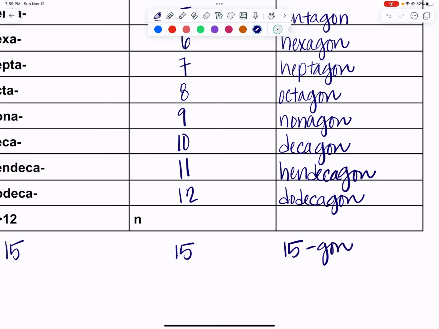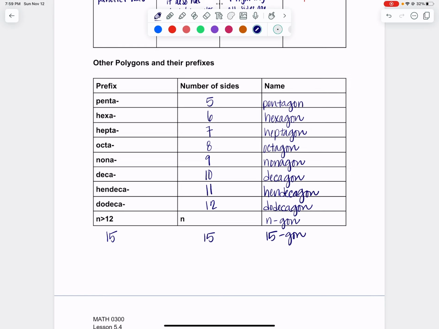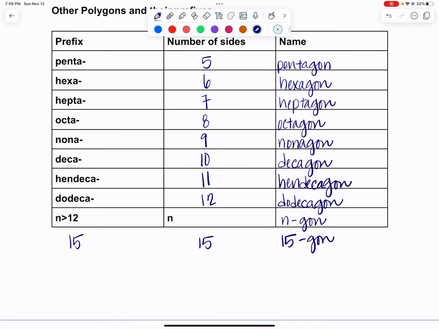If it had 50 sides, we would call it a 50gon. So if you have n sides, as long as n is greater than 12, we just call it an n-gon. I know you're incredibly disappointed we're not taking this all the way out to 100, but you'll be okay.